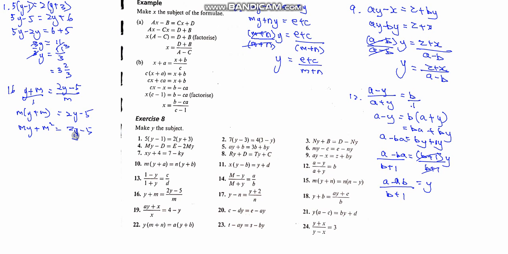What you do is I move this to the left hand side. Why? Because I want to put all the y terms together, which I'm supposed to make as the subject. So this is minus 5. This brings over minus m squared. What I can do is take out the y as the common factor.